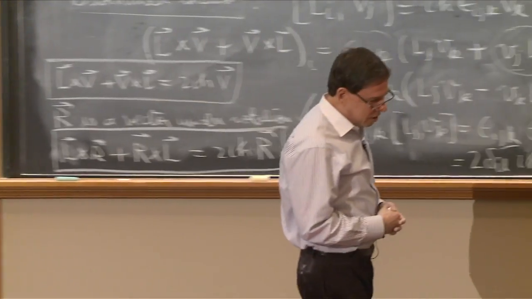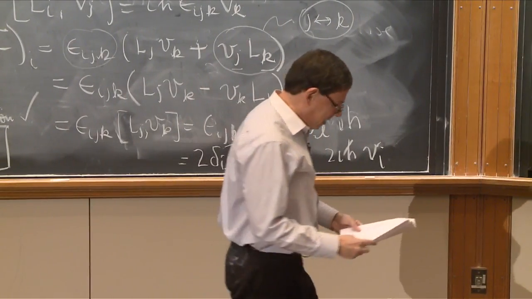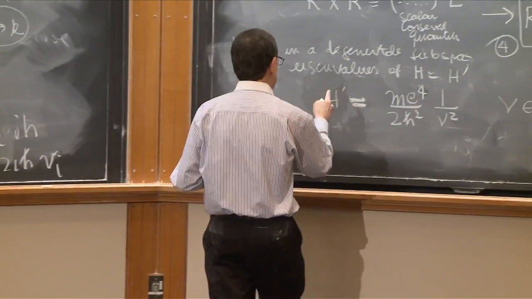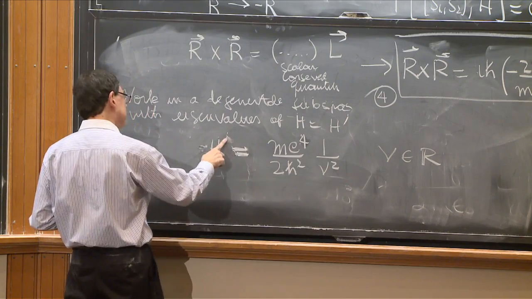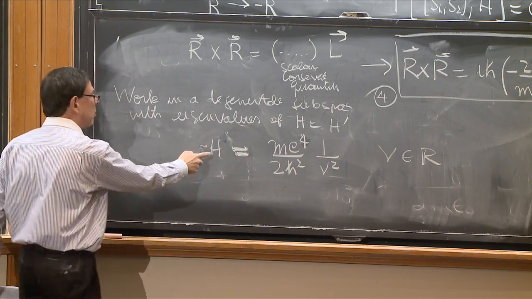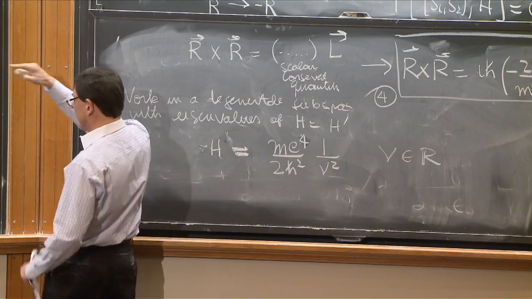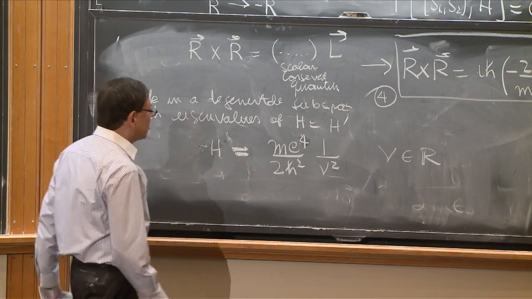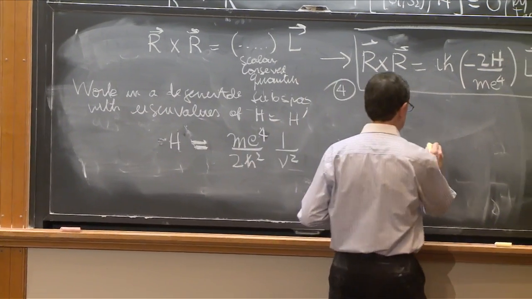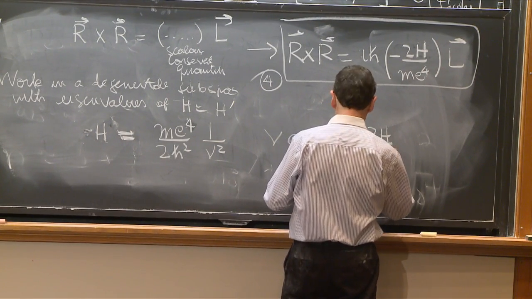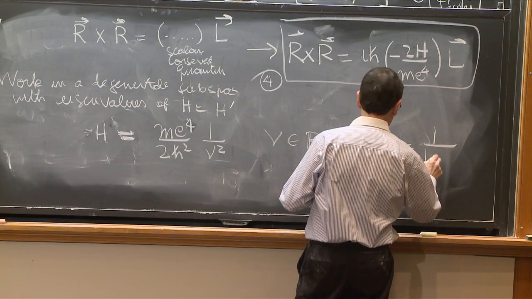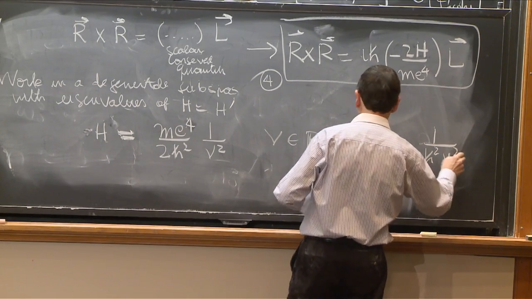So once you've called it nu, you see here that, well, that's what we call h, really. This h prime is kind of not necessary. This is where h becomes in every formula. So from here, you get that minus 2h over me to the fourth is 1 over h squared nu squared.